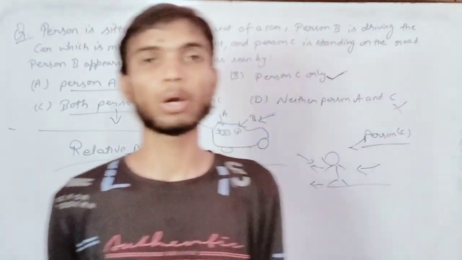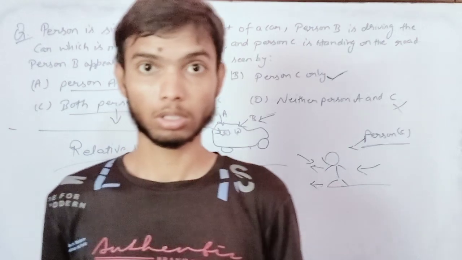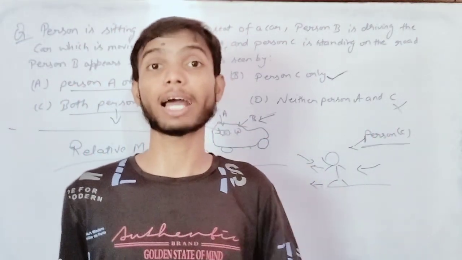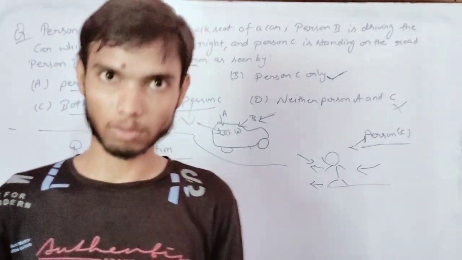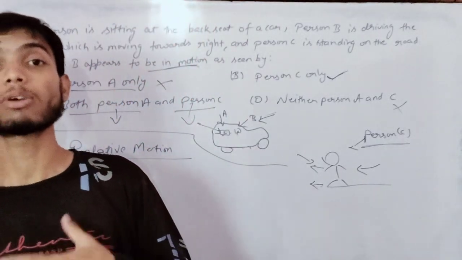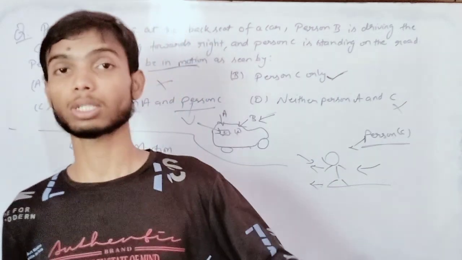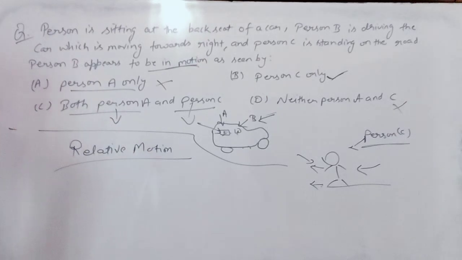Relative motion will depend on the observer. We will identify who the observer is. According to the observer, we will be able to tell that this is in motion and this is at rest.